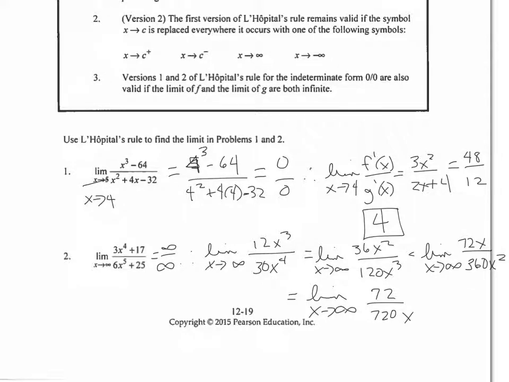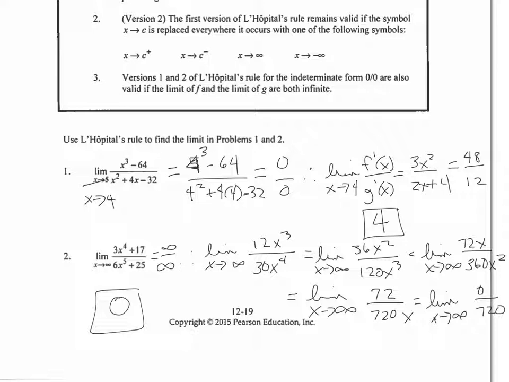You may have already figured out where this thing is going, but if we do L'Hopital's rule one more time, what do you get when you differentiate a constant? 0 on top over what's in the denominator. And what's 0 over anything? 0. Took us a while to get there, but it's very doable using L'Hopital's rule.